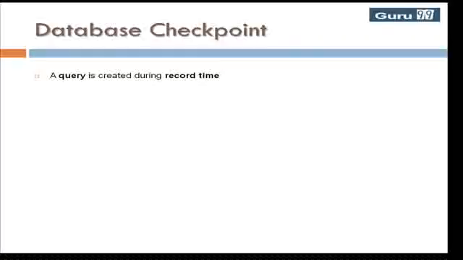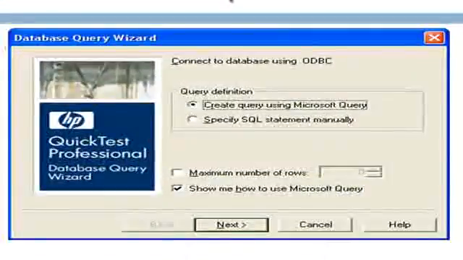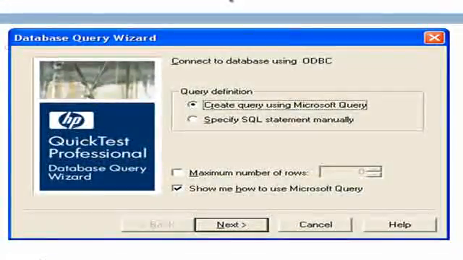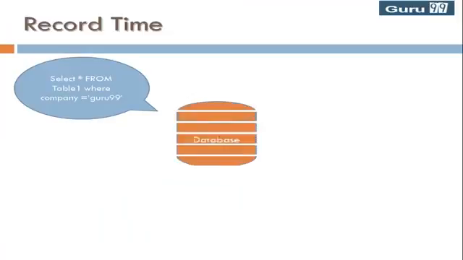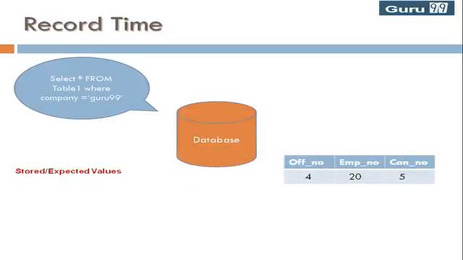Database checkpoints. In database checkpoints, a query is created during record time. The query can be created using the Database Query Wizard, or you can manually specify the query. During record time, a query is created and sent to the database. The corresponding table results are stored as expected values in QTP.